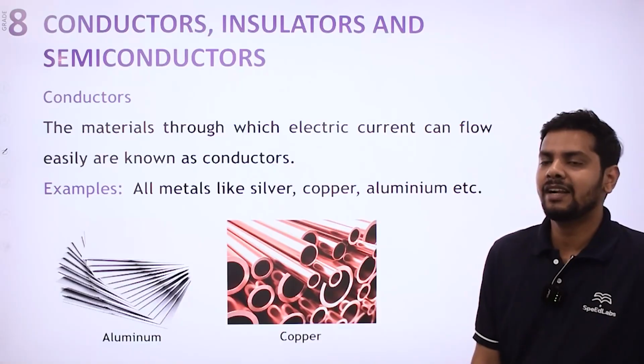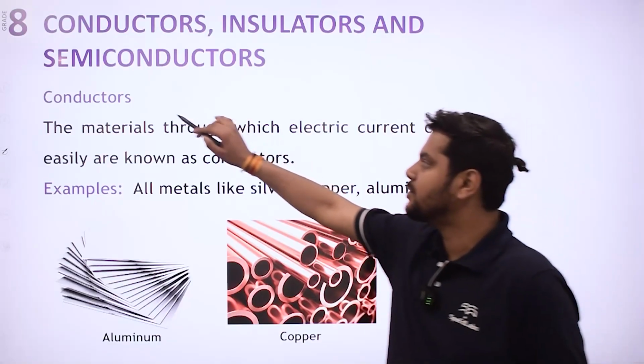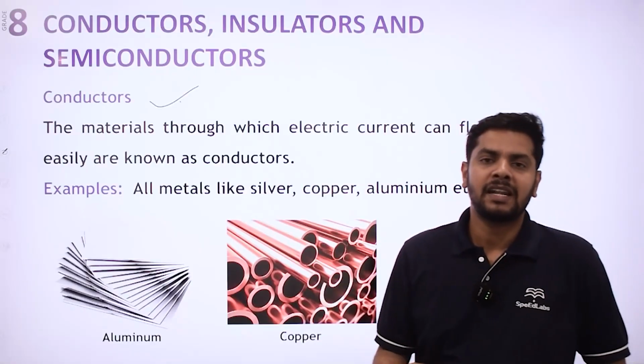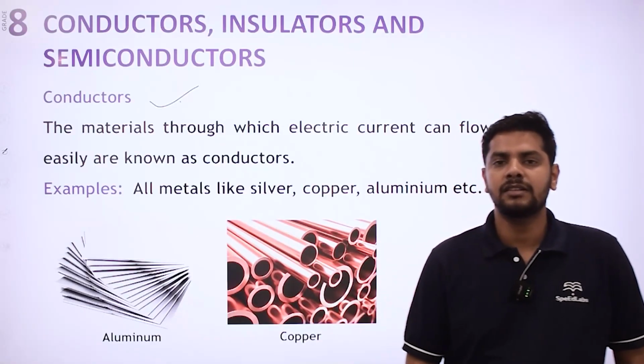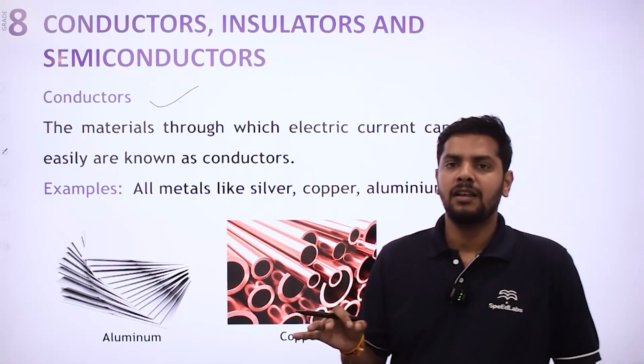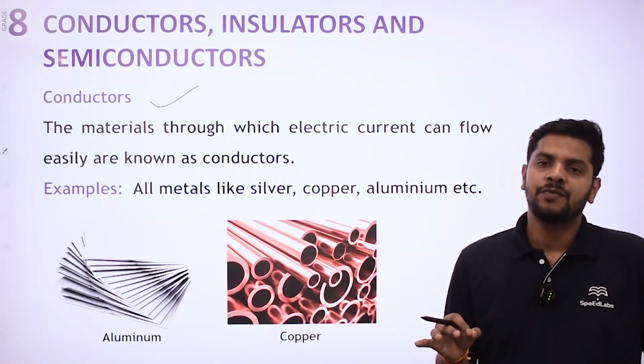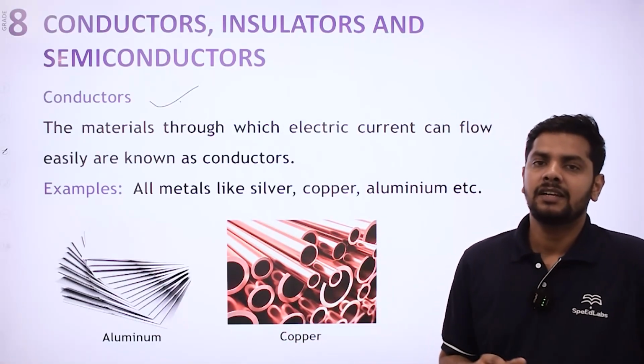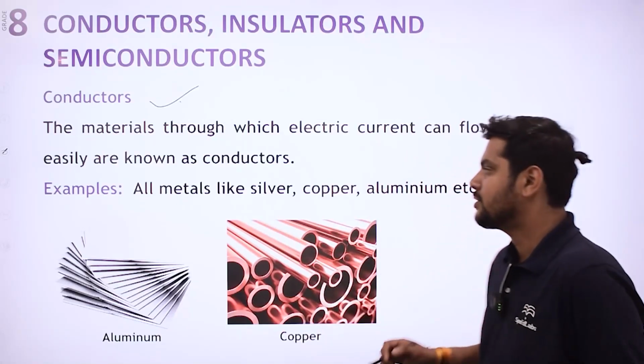On that basis, the first one is conductors. Which materials do we call conductors? The explanation is very simple. All those objects which allow current to flow through them very easily are considered conductors.